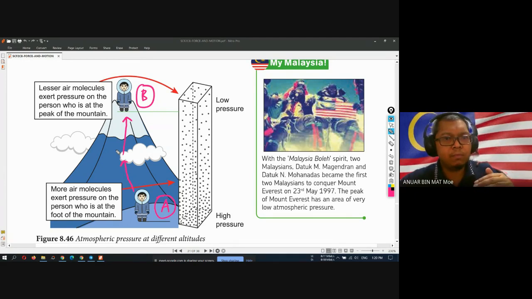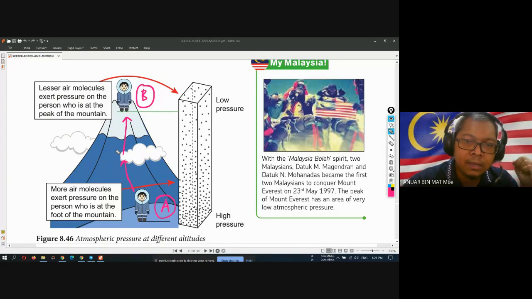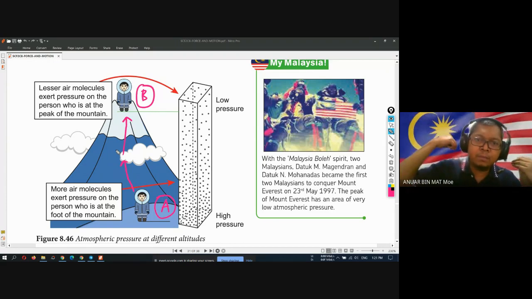Maybe just a few hundred meters also, we can feel the ear become uncomfortable, because our body tries to adjust the lower pressure outside and the higher pressure inside.